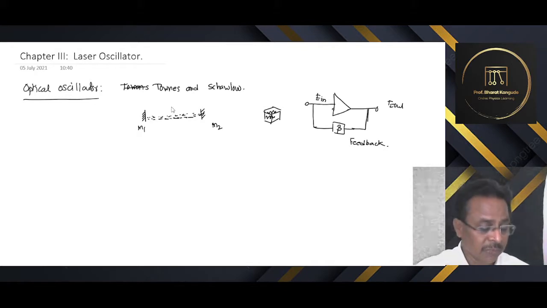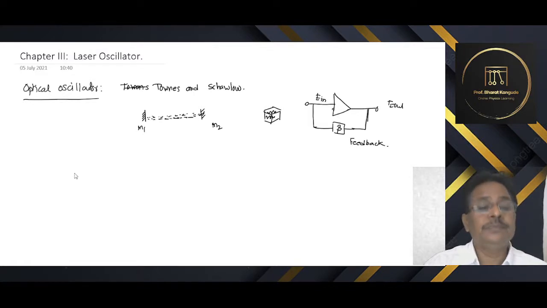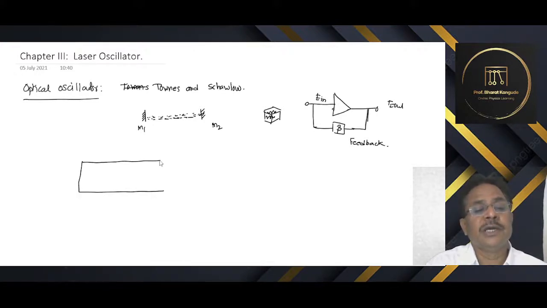This concept was given by these scientists, as I said earlier, and therefore we can draw this diagram here to understand the purpose. This is the optical oscillator. You can draw this diagram if you want. This is a medium, the active medium, which we have already discussed.